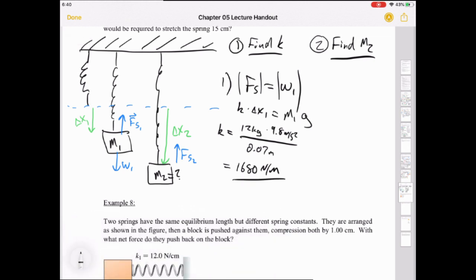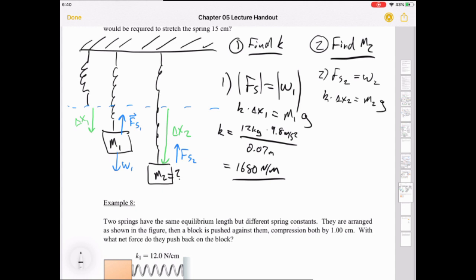Because now I'm going to go up to 2 and say, all right, so FS2 equals weight 2. Right, and FS2 is K delta x2 and equals M2g.